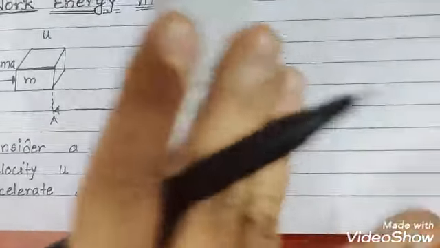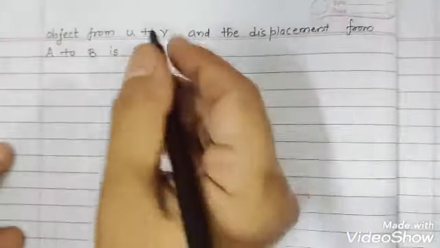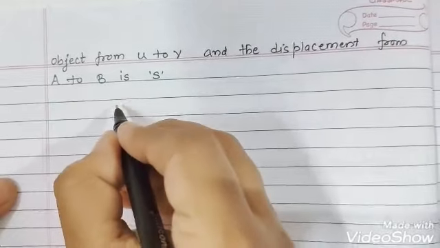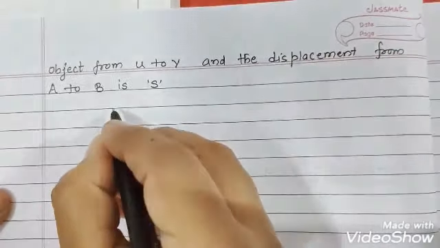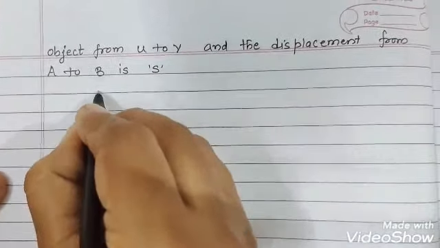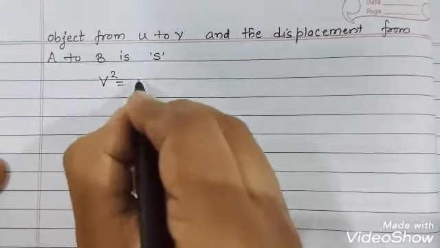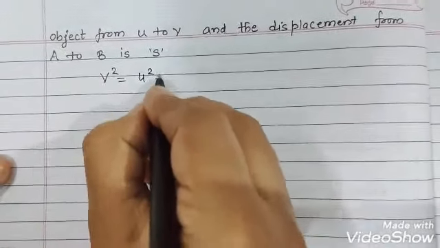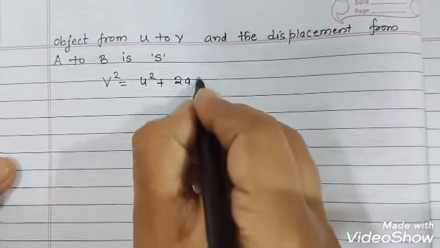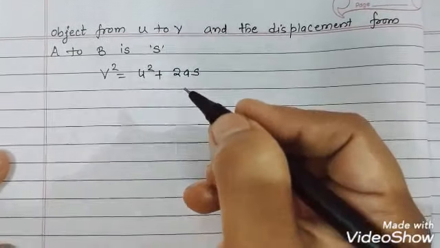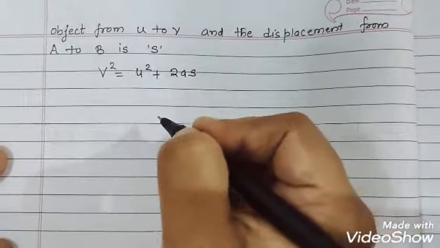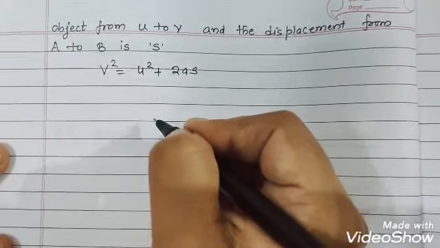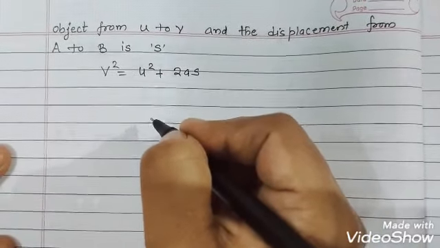So here we will see now in this case, as we know from the third equation of motion, v square is equal to u square plus 2as, where v is the final velocity, u is the initial velocity, a is the acceleration, and s is the displacement.